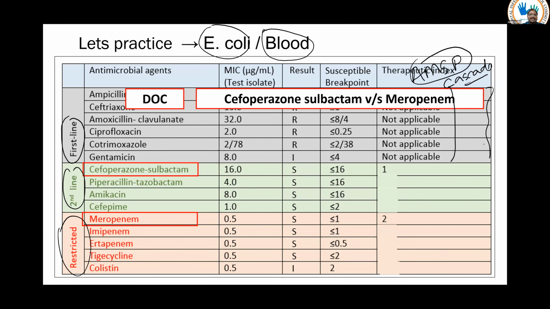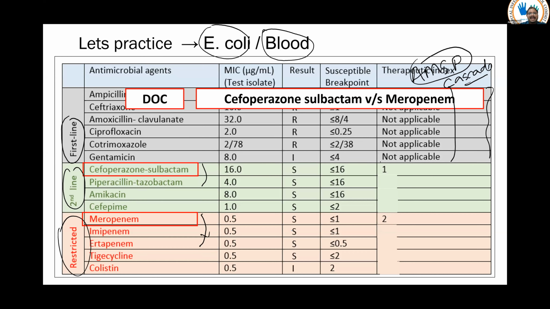Here we can see that this can vary for your institute. This is an arbitrary situation where for this particular institute we have kept Magnex, Piptaz, etc. as second line drugs, and Meropenem, carbapenems, etc. are usually higher generation than a beta-lactam beta-lactamase inhibitor combination. So we take it as a restricted third line. These categorizations may vary for your particular institute, ICUs and all.